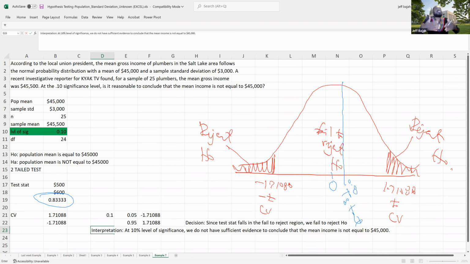We don't have enough evidence to prove. If we rejected H0, then we'd go to HA, and HA is the one that says it's not equal to. But we weren't able to reject H0, so we don't have enough evidence to prove that it's not equal to. As it stands, it is equal to 45,000.